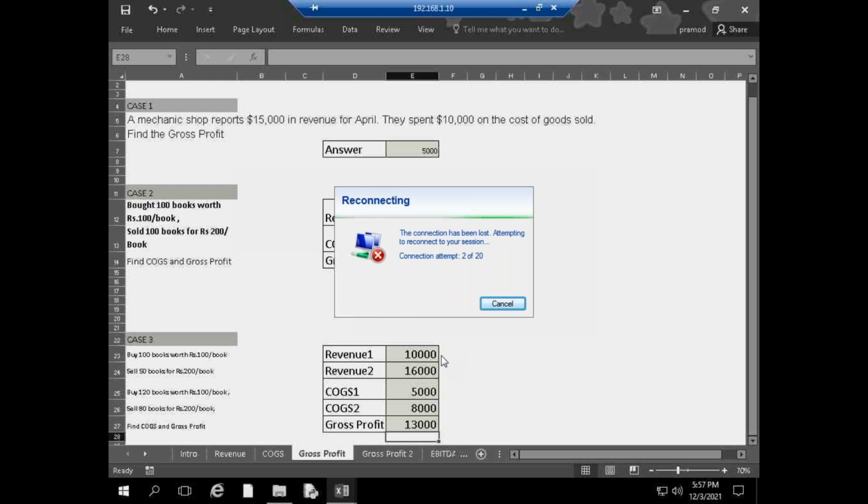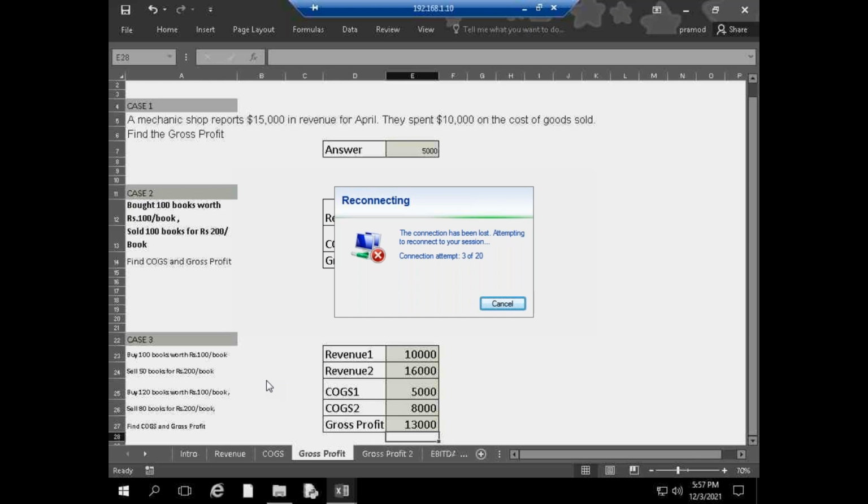Purchase quantity I have written. How do you find out COGS, sir? The previous sums also we calculated by using purchase quantity into purchase price only, sir.